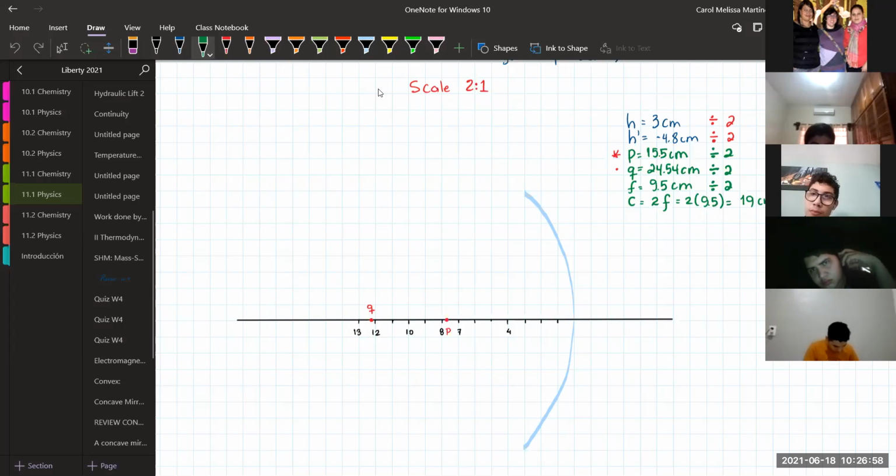Now, a very important point is the focal point. The focal is 4.75. Remember that we are working with the scale. It is located at 4.75, which means that it's going to be between 4 and 5, closer to the 5. So my point F is going to be more or less over there.